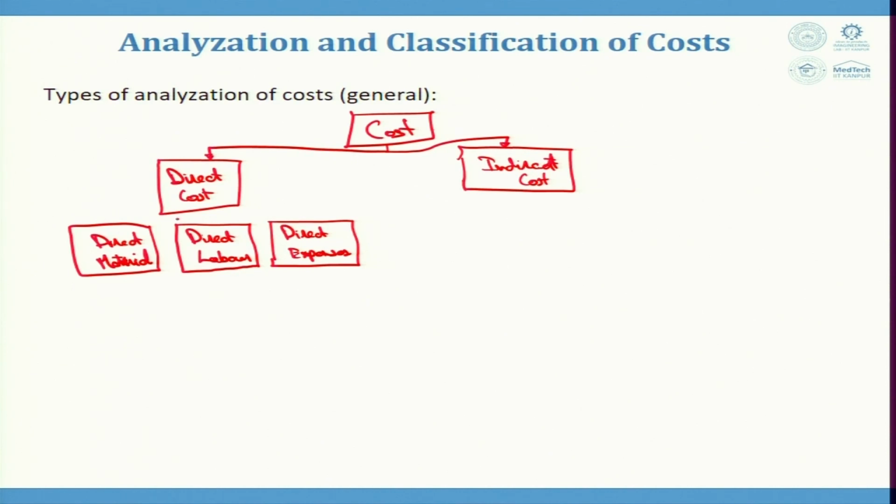In this case, when these three costs are there, direct material, direct labor and direct expenses, these three are known as prime cost. Now, indirect we have production overheads.